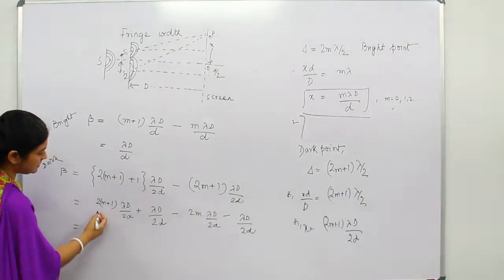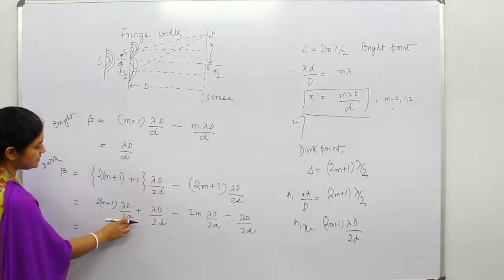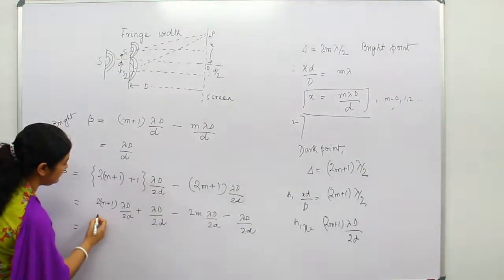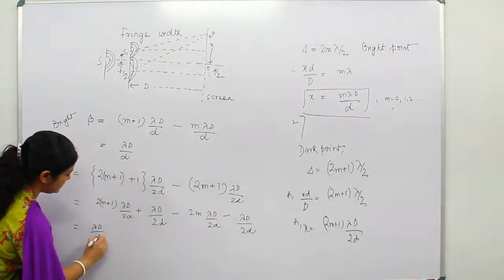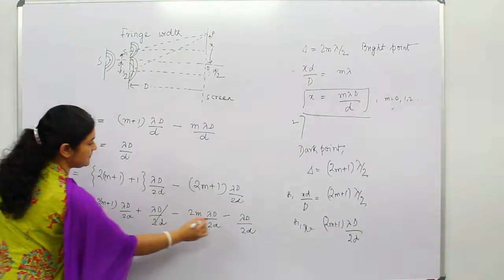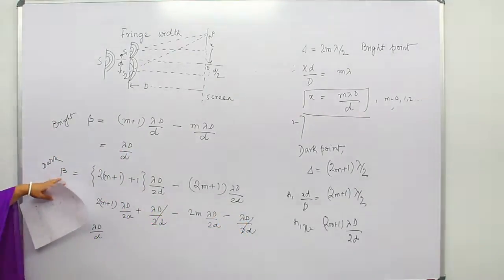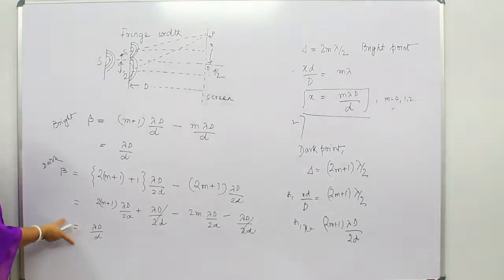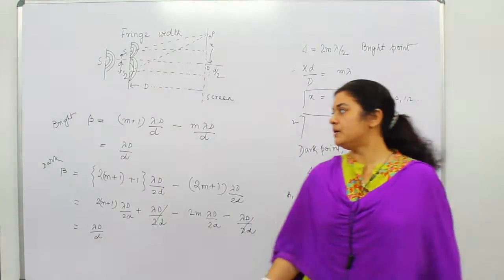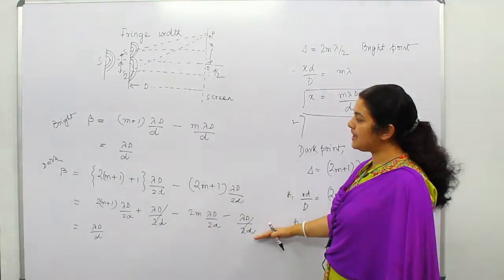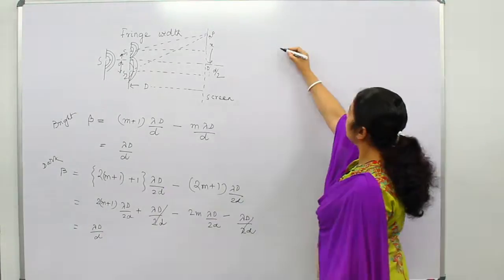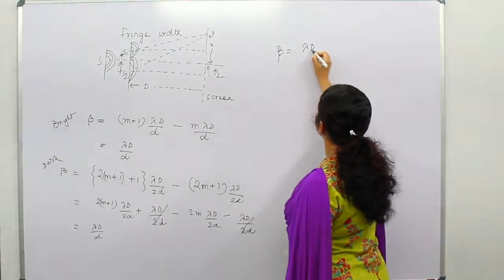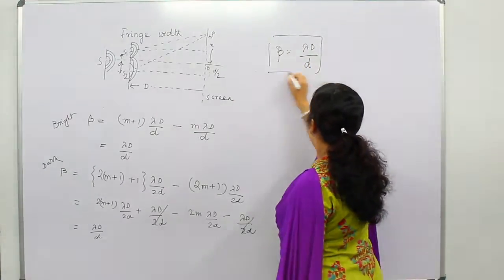From here we will get 2m lambda D by 2d. This one will cancel with this. We will get lambda D by 2 cancels, and this one and this one cancel. So we get again the fringe width for dark bands also lambda D by small d. Thus the fringe width for both bright and dark bands are equal and they are equal to lambda D by small d.